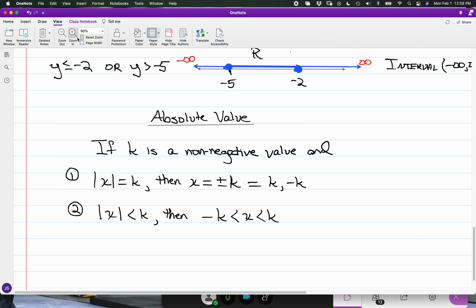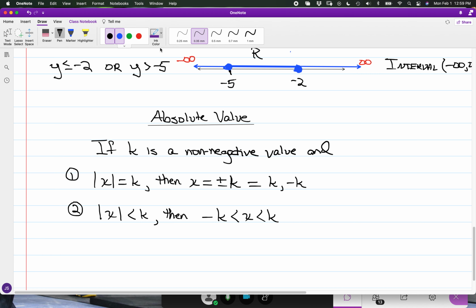This compound inequality statement would be like uniting where we have that x is greater than -k and x is less than k. Once again, the interval solution will be parentheses around negative and positive k.